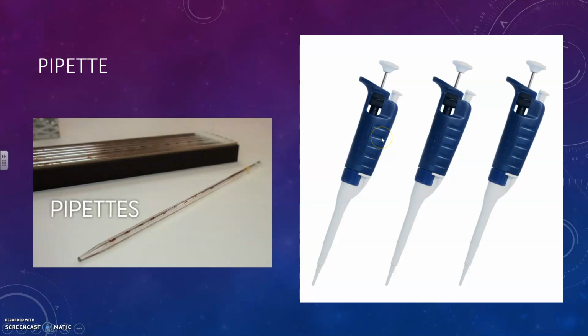These generally run anywhere from $500 to $1,000 each, and they do have to be calibrated, which is another huge expense, which is why we don't have any. You also have to have a little tip on the end, and they are for very specific volumes of liquid.